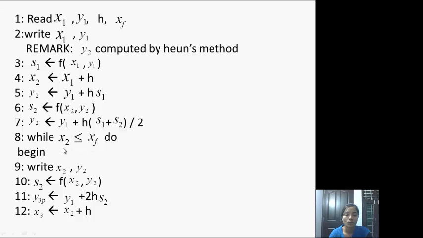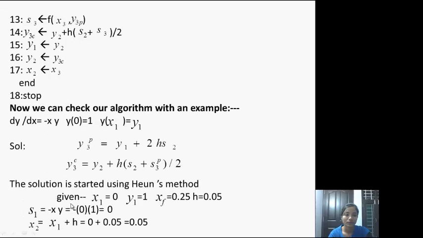Now our loop starts from x2 and will continue while the value of x2 is less than or equal to xf, that is the final value. First of all, we calculate the value of s2, that is f of x2 comma y2, with the new values of x2 comma y2, and by the predictor-corrector formula we have to find the value of x3.